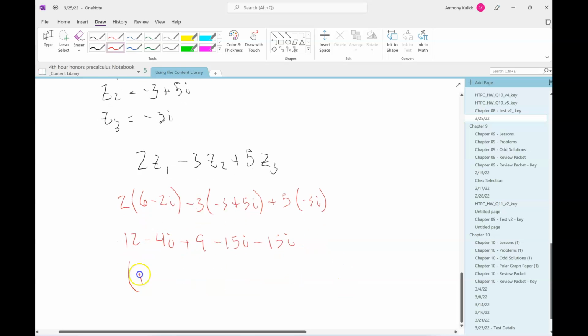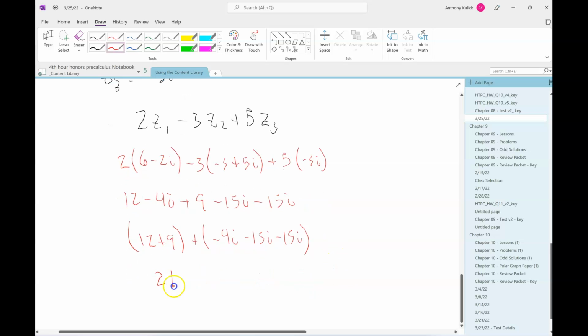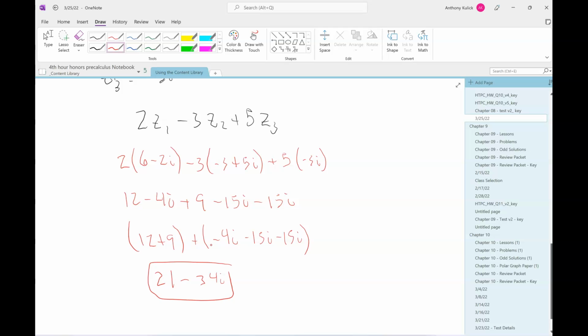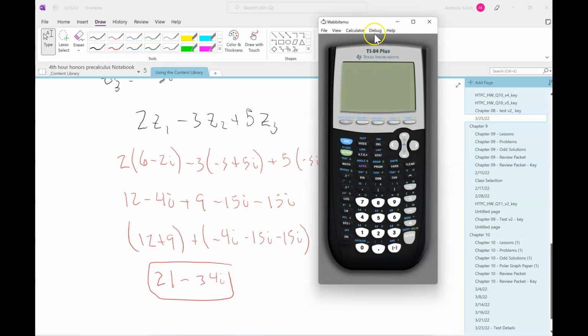And then we'll just combine like terms. Right, pretty straightforward. Nothing tricky here, nothing surprising, or really that unusual.